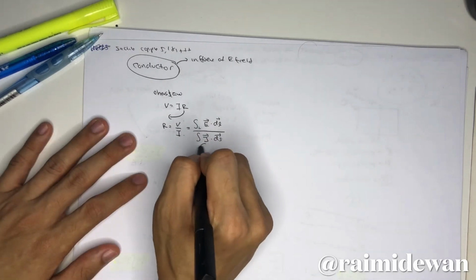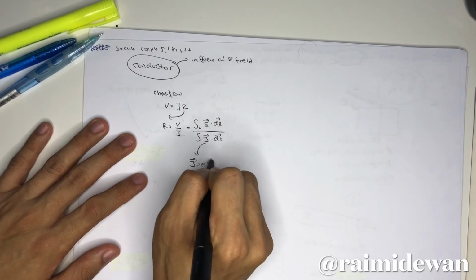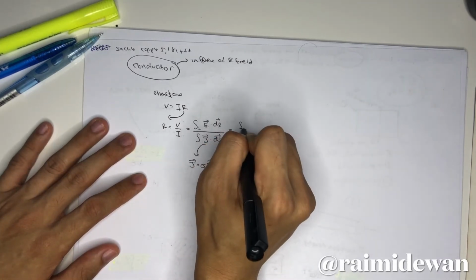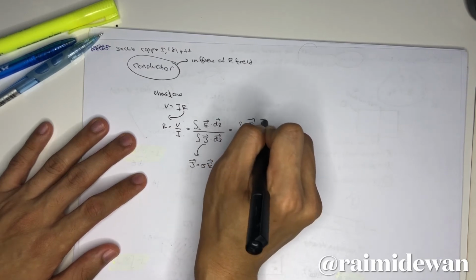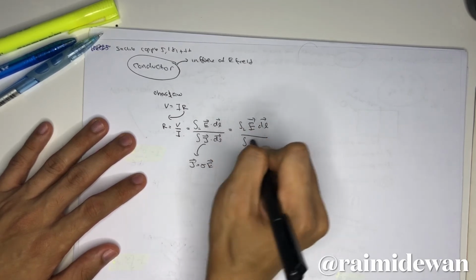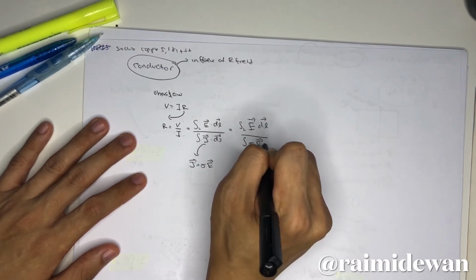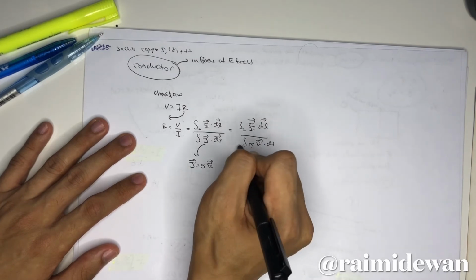And you also know that J is actually this, right? So you can further extend. And this one, because this is constant, you can take it out.